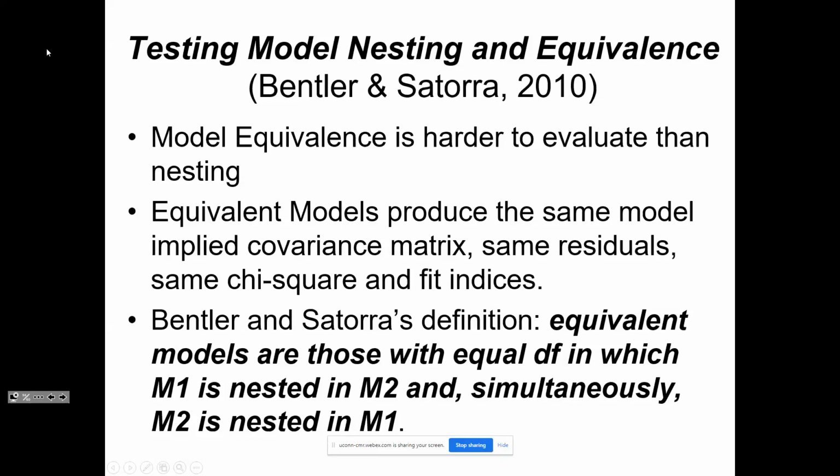If you had two equivalent models, the chi-square for model 1 minus the chi-square for model 2 is going to be 0, and also the chi-square for model 2 minus the chi-square for model 1 is going to be 0. The same thing with degrees of freedom: model 2 minus model 1 is going to be 0, and model 1 minus model 2 is going to be 0.